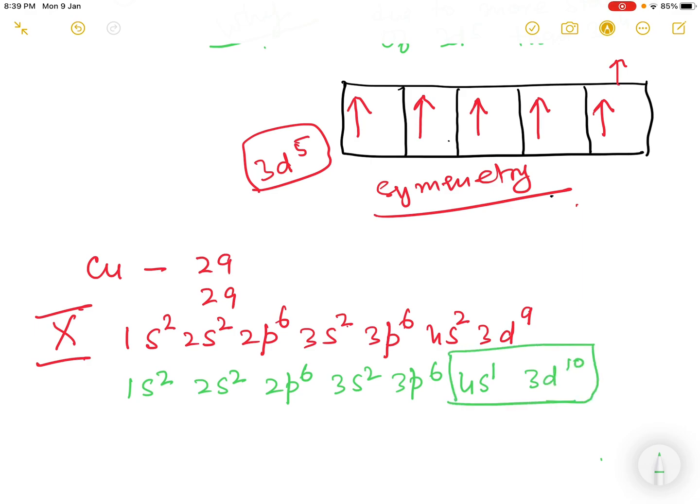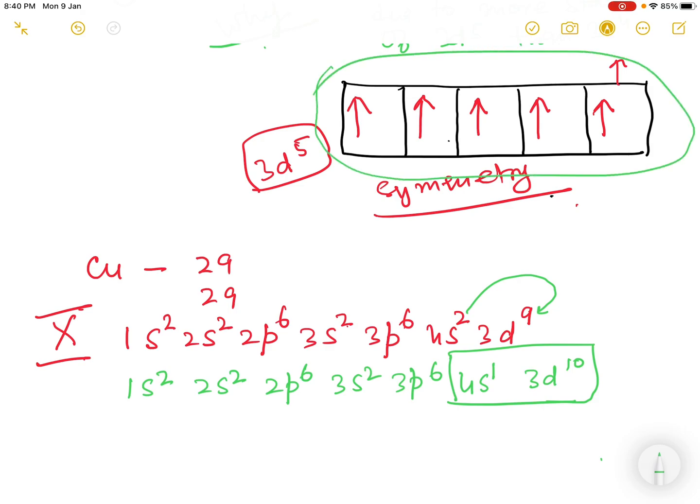Why? This is the outermost orbital. One electron shifts from 4s to 3d to make it fully occupied. See, these are 3d orbitals.